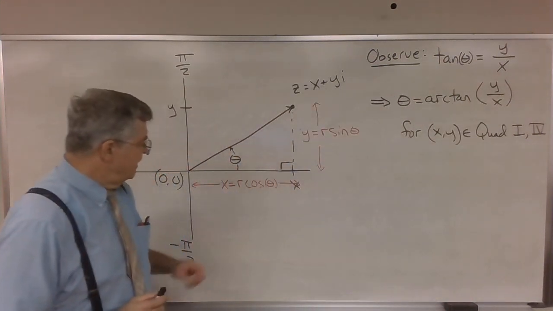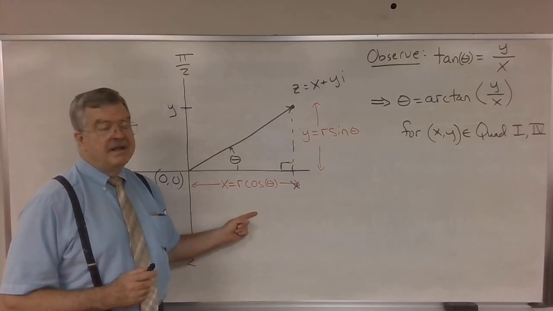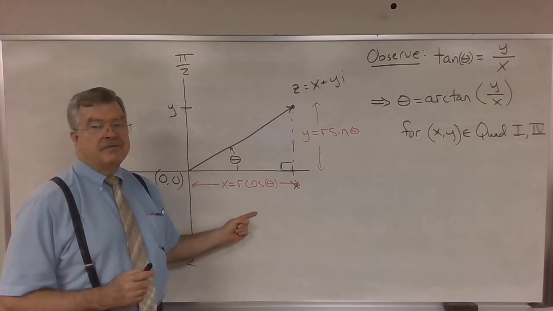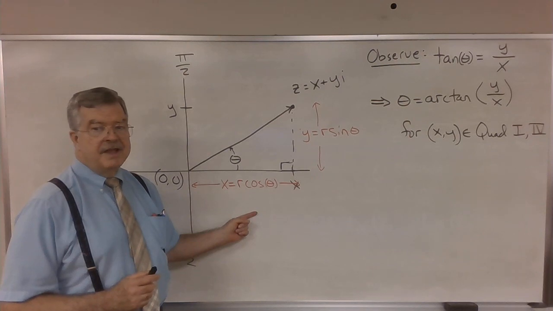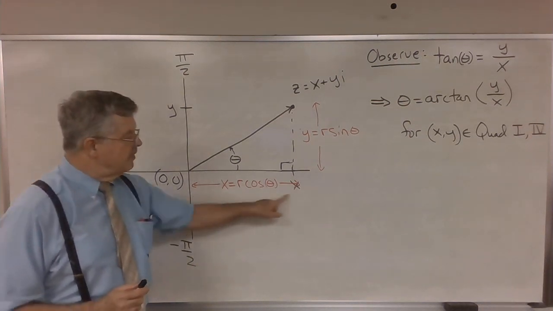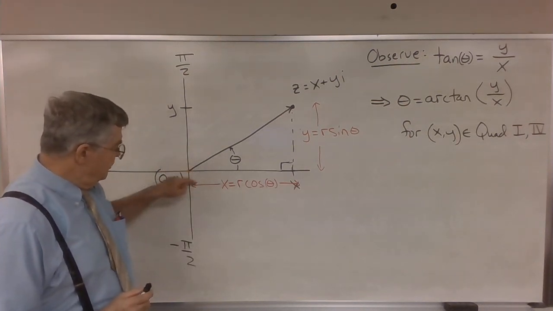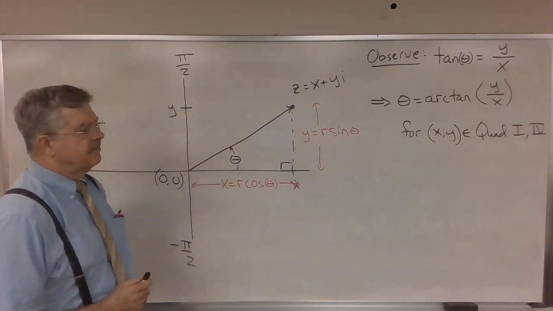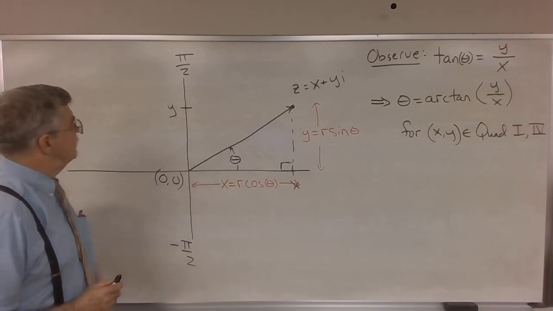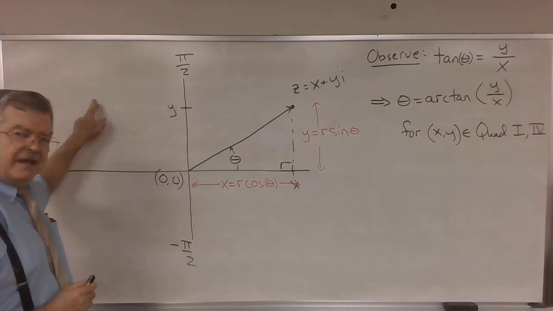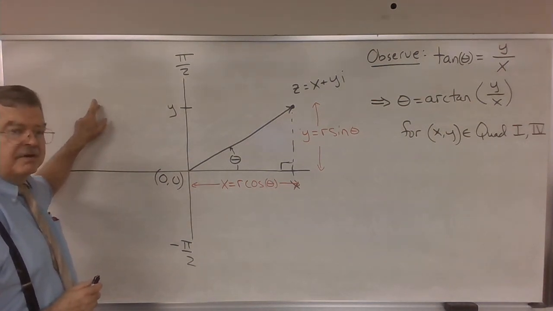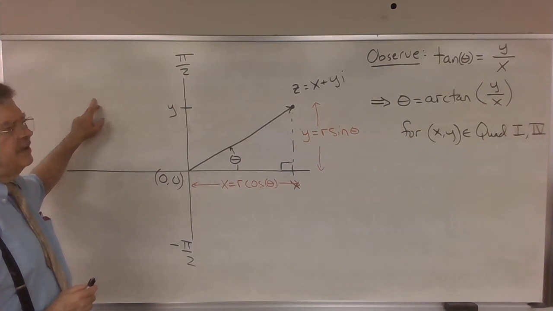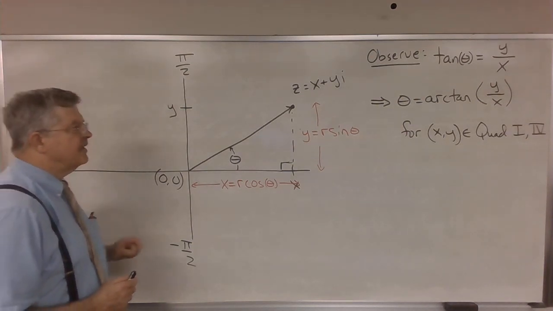Just like if we had x, y in quadrant 4, the tangent would be negative because the real part x is positive, but the imaginary part y is negative. So if we have a complex number, x plus yi, in the second quadrant, the tangent is going to be negative.